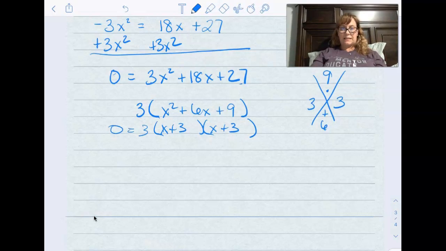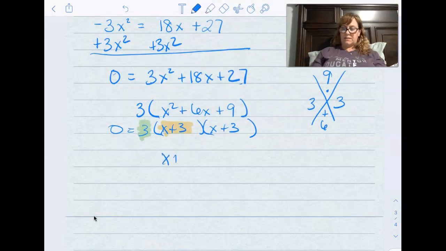Okay, well, let's look at this. One of our factors has to equal 0 in order for this whole thing to equal 0. Can this equal 0? Nope. What about this? Could that equal 0? Yeah.